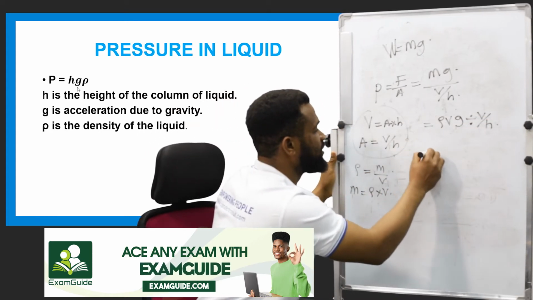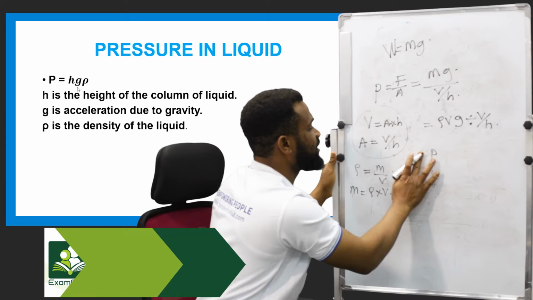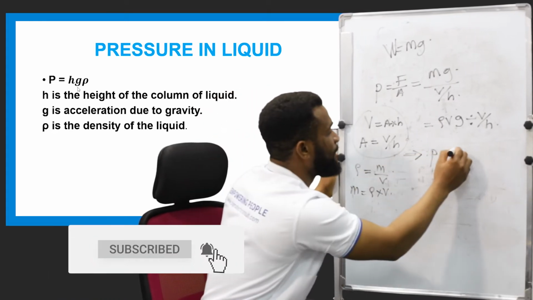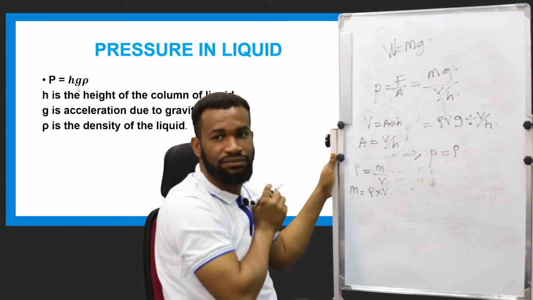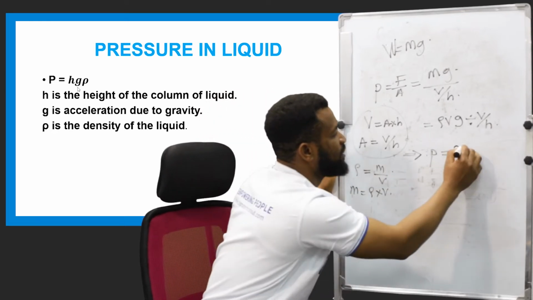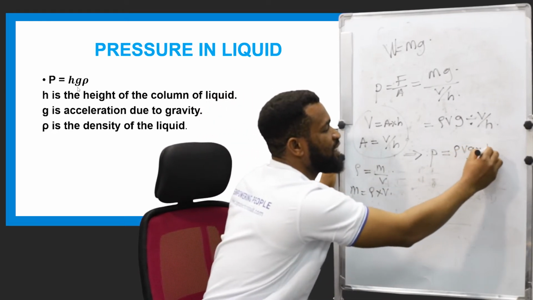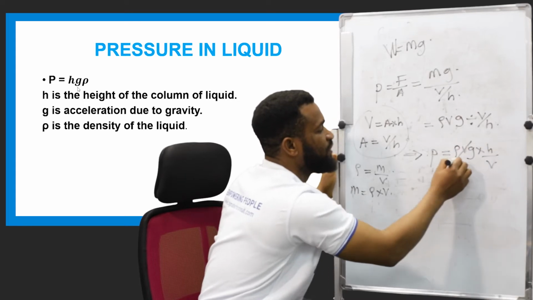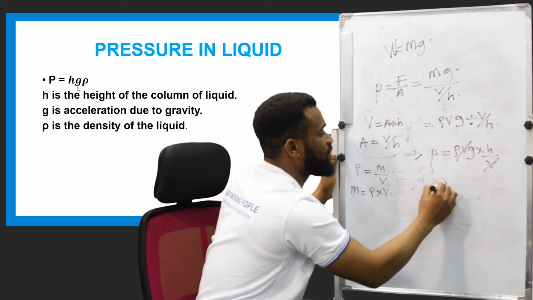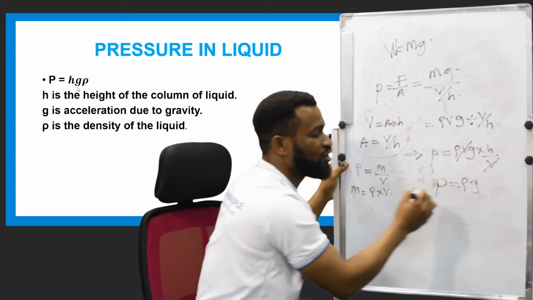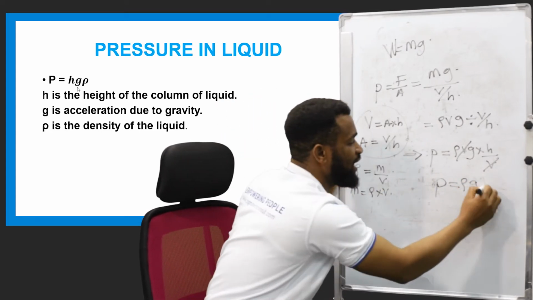Therefore, this implies that pressure is given as the density of the liquid, volume of the liquid, acceleration due to gravity times height all over V. V cancels V. We say that pressure is given as density, multiplied by acceleration due to gravity and height.